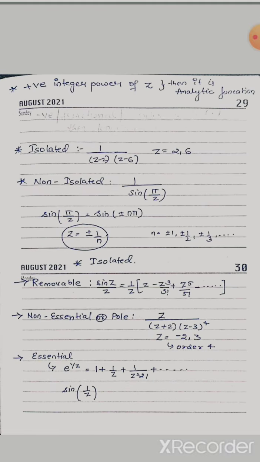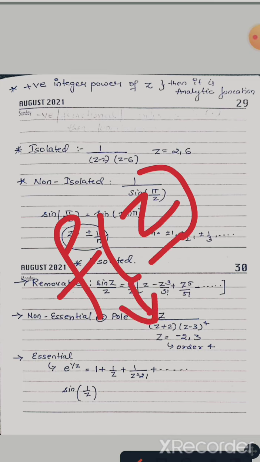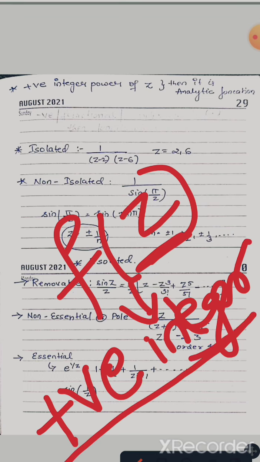Next, there is a trick to know whether a function is analytic or not. If any f of z is given, rather than solving so much, just focus on the power of z in the f of z equation. If the power of z is a positive integer, then you can directly say that it is an analytic function.